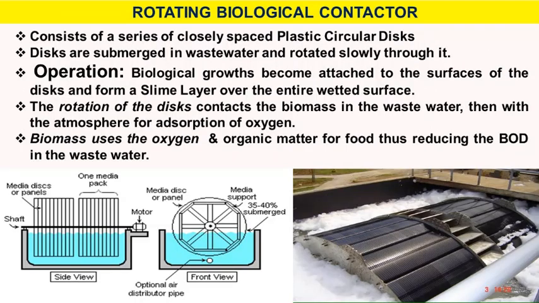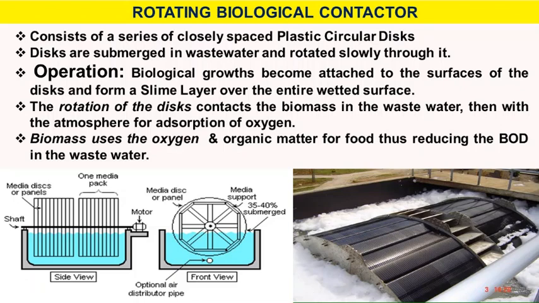There are rotating biological contactors also. They actually consist of a series of closely spaced plastic circular discs. These discs are submerged in wastewater and rotated slowly, and biological growth becomes attached to the surfaces of the disc and forms a slime layer over the entire wetted surface. The rotation of the disc contacts the biomass in the wastewater and then the atmosphere for the absorption of oxygen.